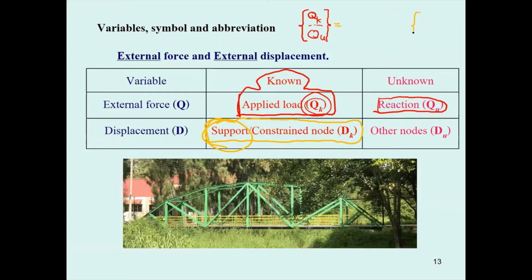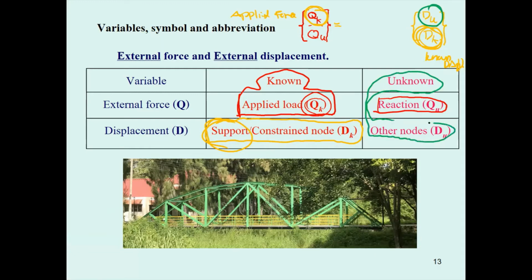On the right-hand side of the equation you will have D sub u, which is the unknown, and D sub k, which you have to determine from the problem. You determine the applied forces and the known displacements from the problem.